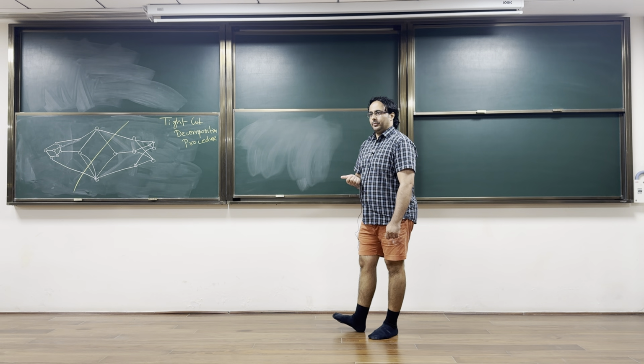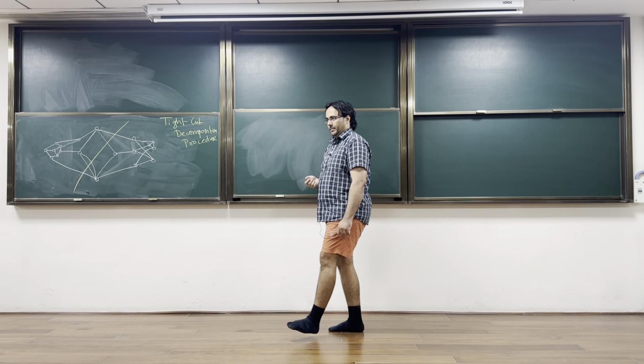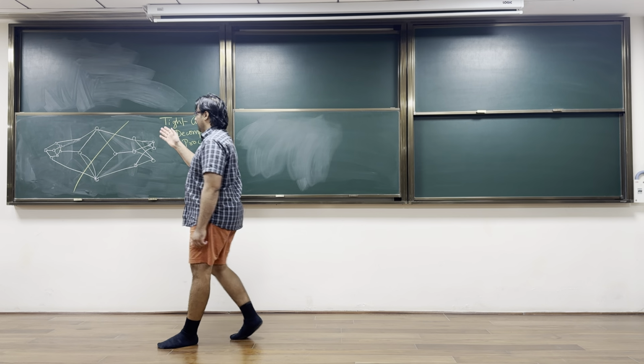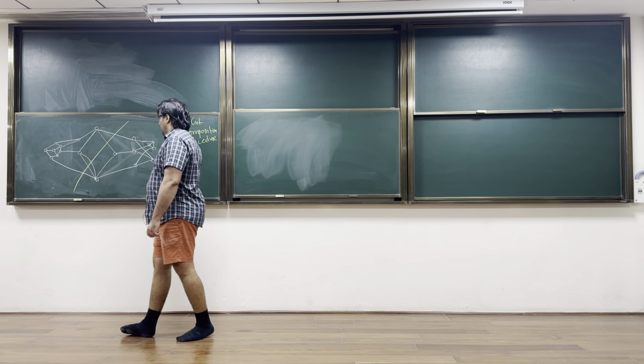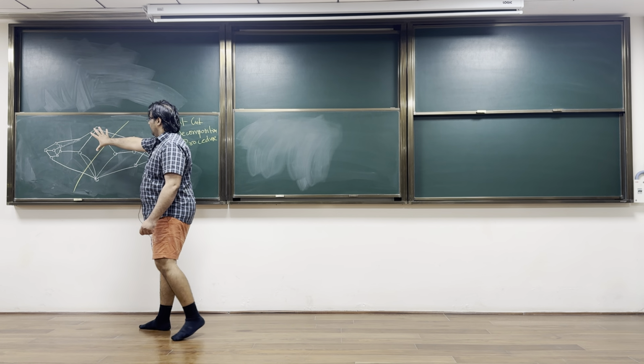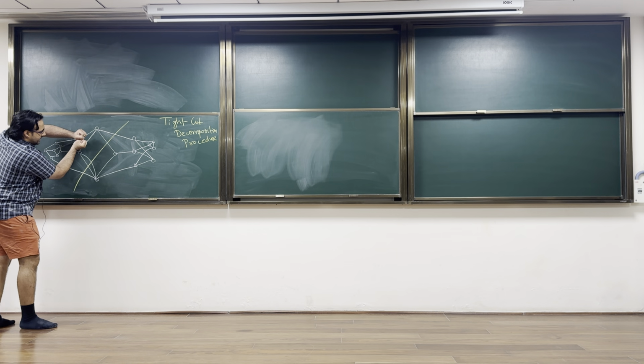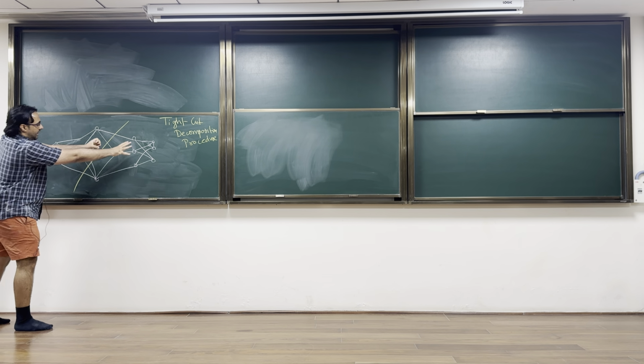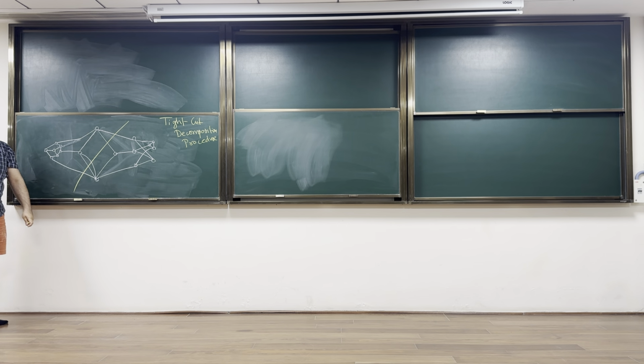If the answer to any of those is yes, then it is a tight cut. Is it? 2 separation cut, everybody agrees? This is a 2 separation cut, therefore it is a tight cut. And now I'll get 2 smaller graphs. One graph, this will become a single vertex, and the other graph, this whole part will become a single vertex.